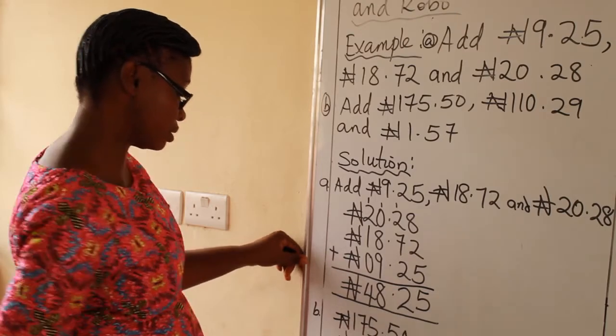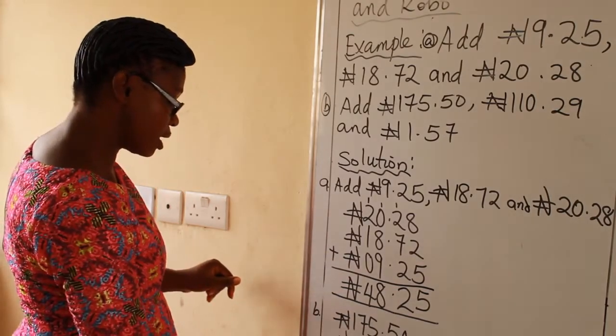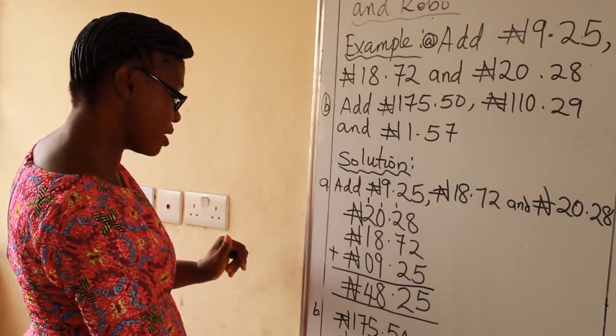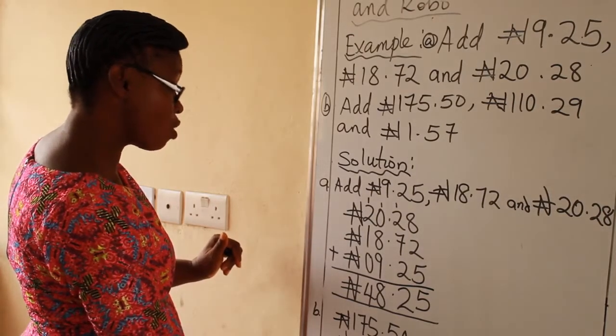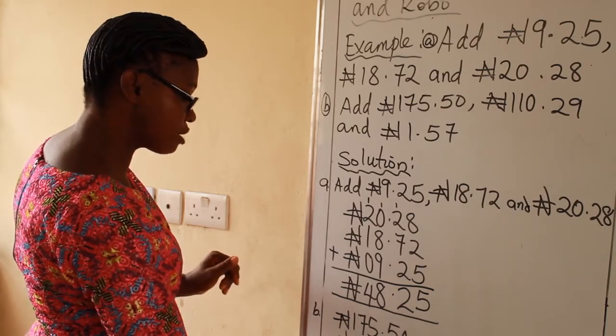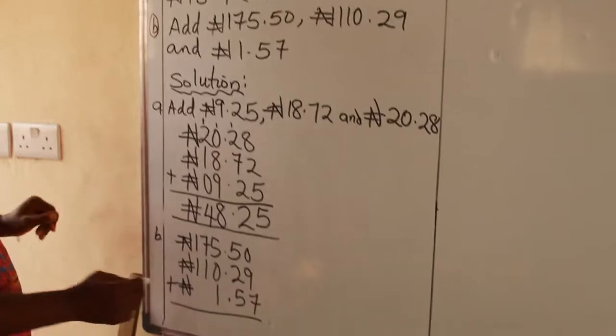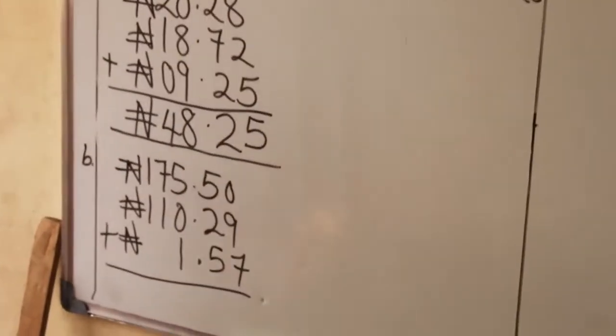This is 0, not 6. And then the last one is 1 naira. You know where 1 naira will come in? Here. 1 naira 57 kobo. You put your line and then you fix in your addition sign.